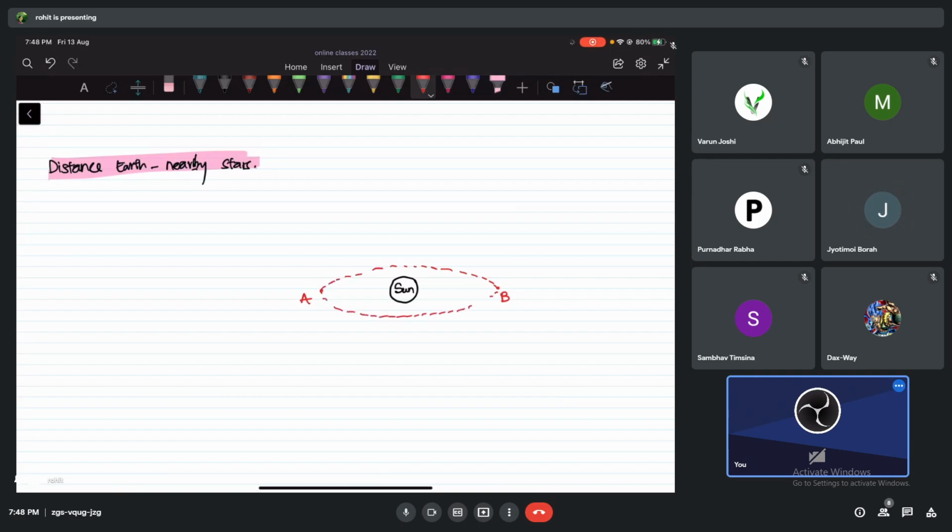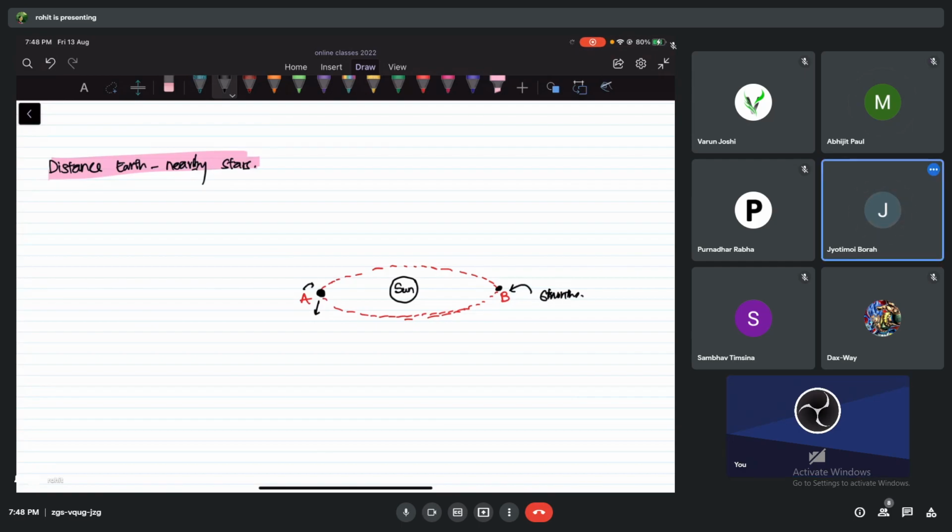If today Earth is here at point A, 6 months later Earth will be here, right? 12 months later it will continue. So this is the first position of the Earth, and after 6 months Earth will reach here. This is the orbit of the Earth.